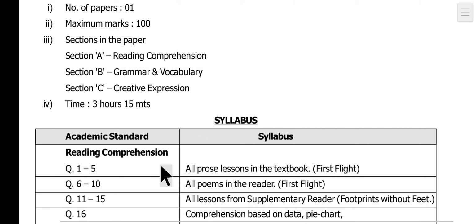Now, the time allotted for the examination remains the same, 3 hours and 15 minutes, wherein 15 minutes are exclusively meant for having a cursory glance or reading through the questions given.